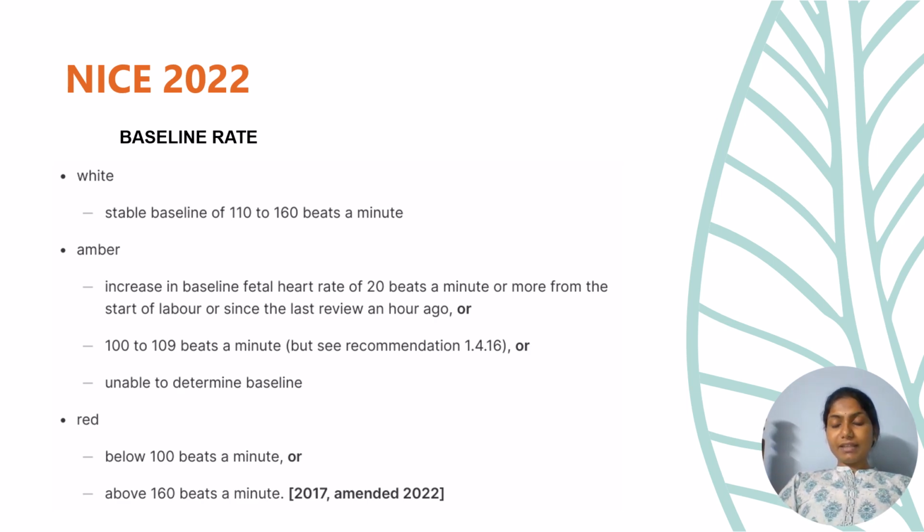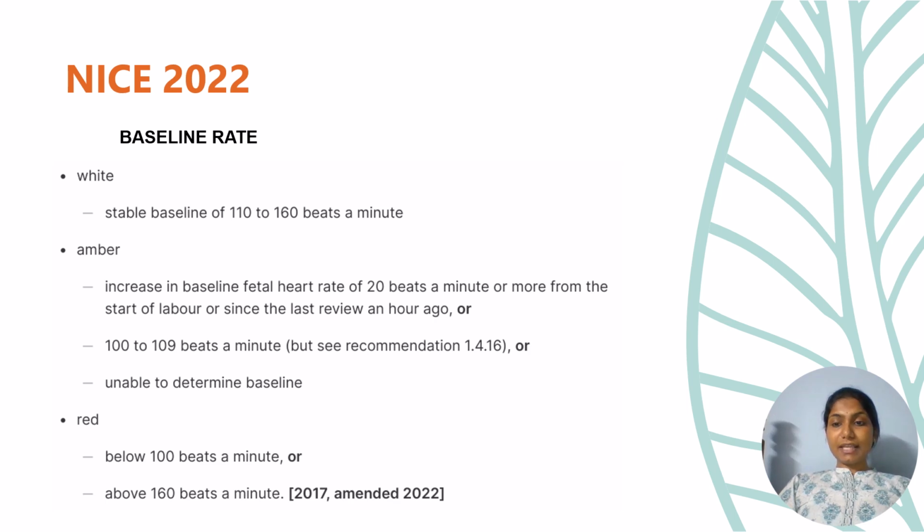There they have defined the different components of CTG into three different color categories: white, amber, and red. So the white characteristics for each component, amber characteristics for each component, and red characteristics for each component we have to remember. So what about the baseline heart rate?